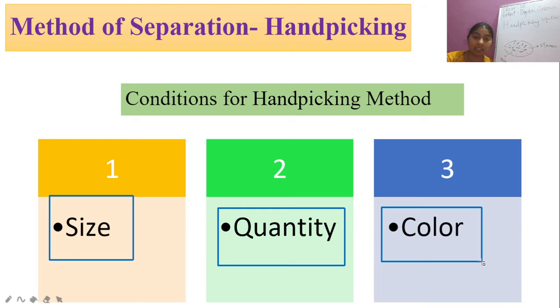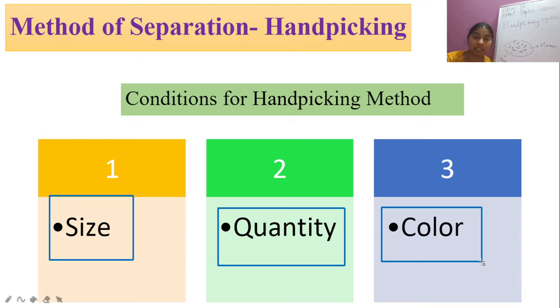so students, now you have to list some examples from daily life where you see the hand picking method. Have you ever done this practice using hand picking? Yes. So let's see.